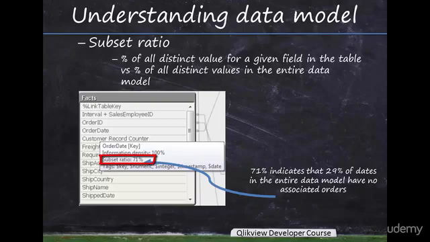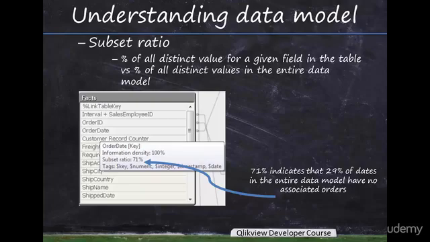What that means is that 29% of the dates in the entire data set do not have any associated orders. So there are certain dates when no orders have been placed, and this is important to find insights such as how many customers never placed an order, or how many products have never been sold, etc.